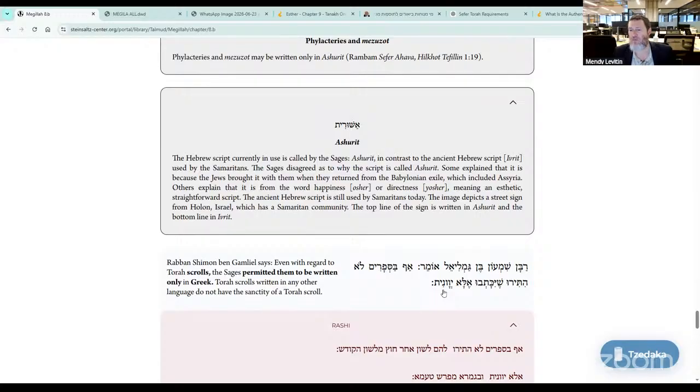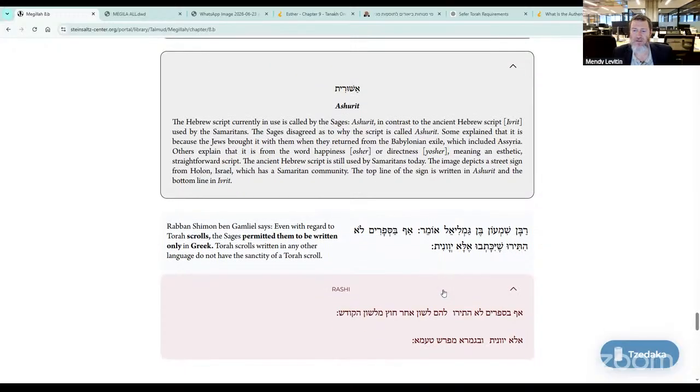Ancient Greek is the only other language that they could write a Sefer Torah in, because of the story in Talmud Megillah, the miracle that happened when, in the middle of the Second Temple period, 72 rabbis were taken by force to translate the Chumash into Greek. A miracle happened, and because of that miracle, we are allowed to still write the Sefer Torah in Greek.